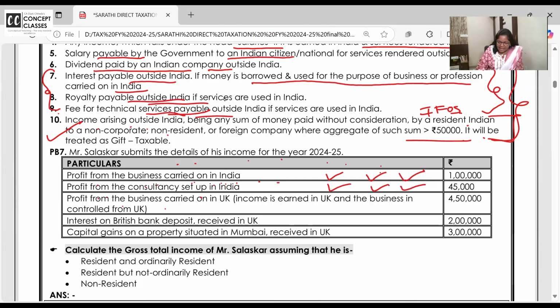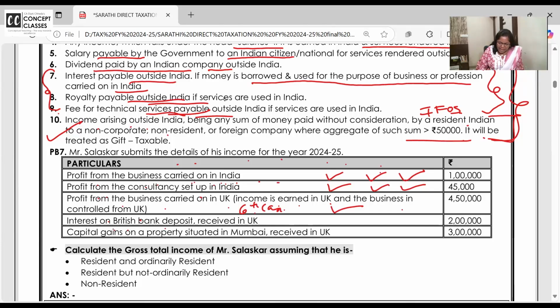Profit from business carried on in UK. Income is earned in UK and the business is controlled from UK. Income is earned in UK, accrued in UK, controlled. This is like sixth case. Only for the first one it will be taxable, right?